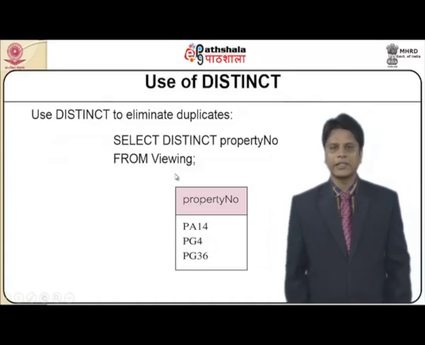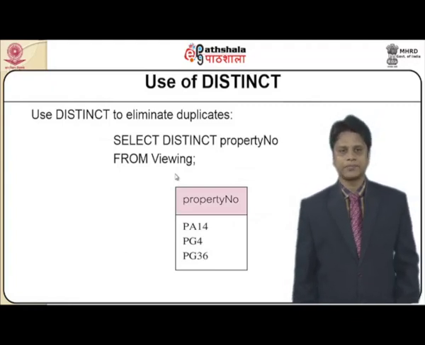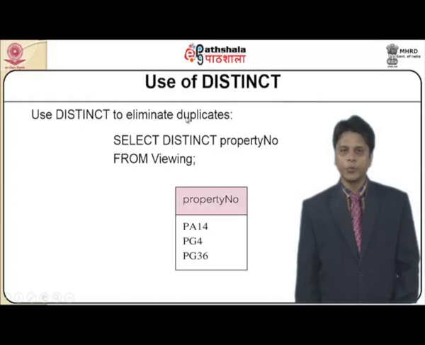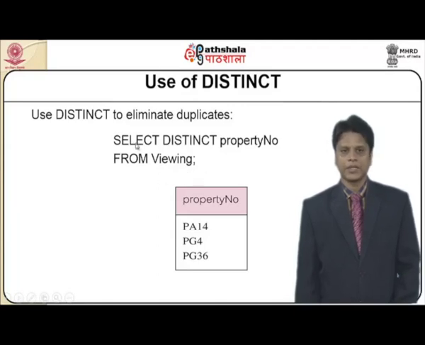So it avoids redundancies by just projecting a value called DISTINCT. Using DISTINCT is mainly to eliminate duplicates that are available within either the rows or the columns. SELECT DISTINCT propertyNo FROM Viewing reduces 5 tuples to 3 tuples now. So that means we have avoided duplicates.